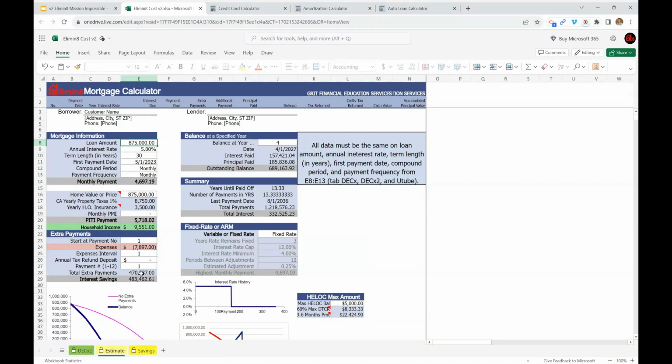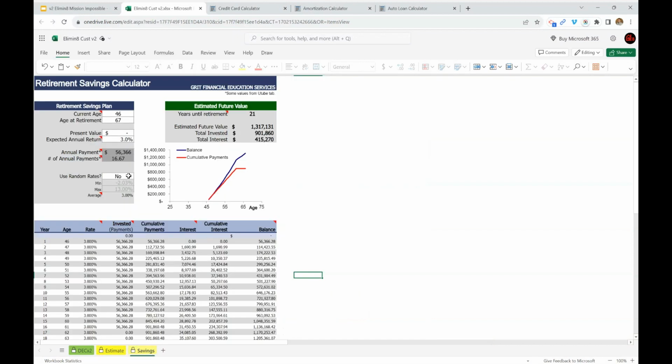So now, what I want to show you is, let's say you're 46 years old, right? And let's say your retirement age is 67 years old, okay? And those annual payments that you're not gonna be paying anymore is $56,000 every year, right?